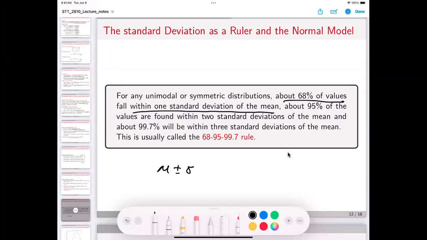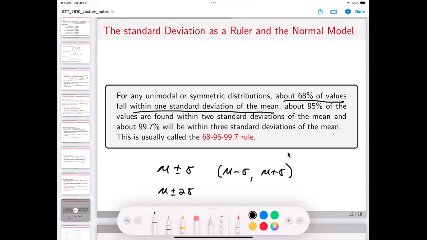Is that okay? And then 95% fall within two standard deviations. So whenever we have this, it means that this range will be, so for two standard deviations, right. So it's saying that 95% of the observations fall within this range.